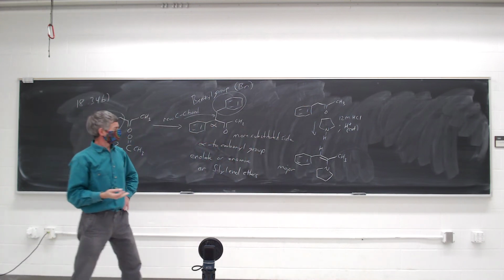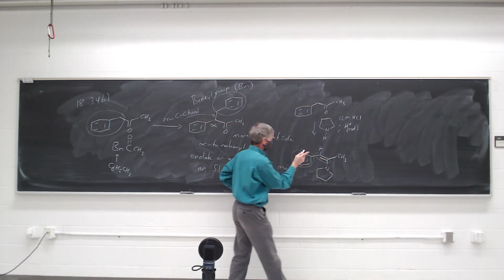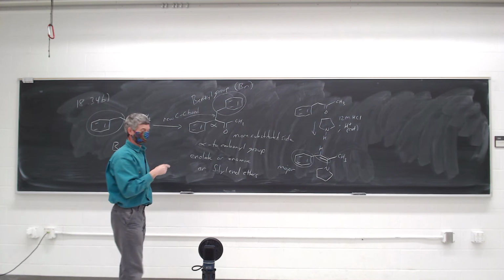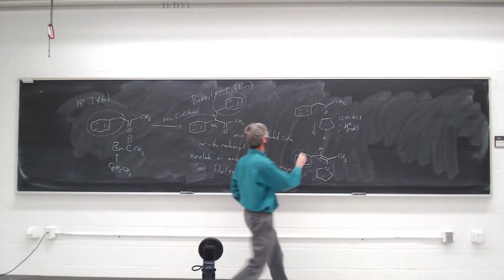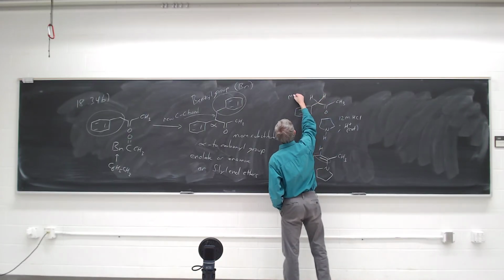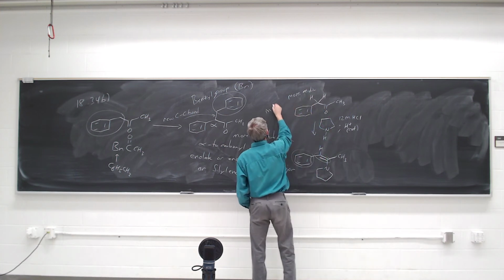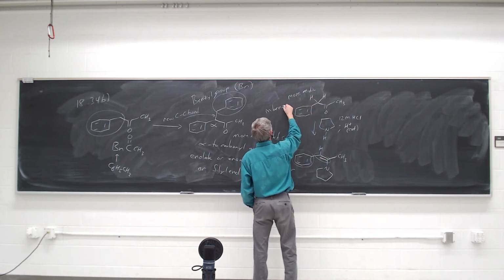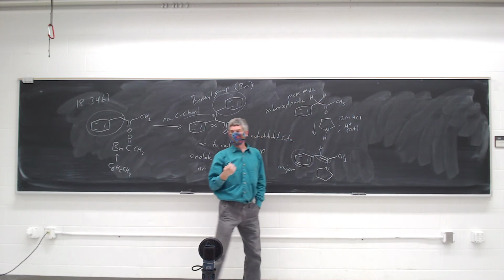In this case, because the benzene ring is here, having that benzene ring and the double bond adjacent to each other makes it even more stable. So the acidity of these two hydrogens is increased relative to the other ones.